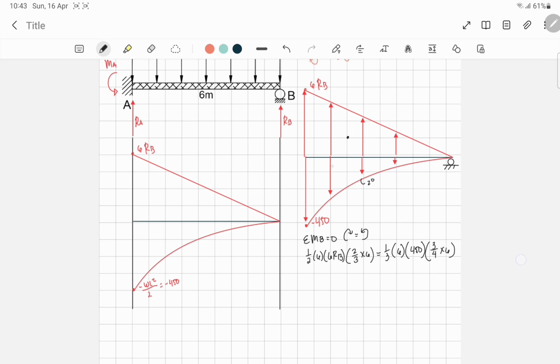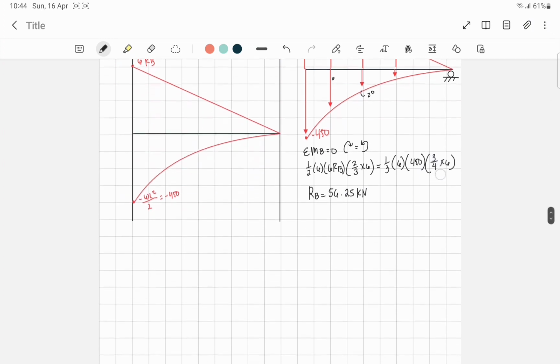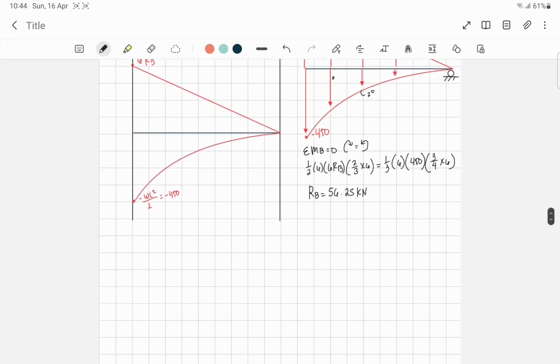So only one variable remains, which we can solve. RB is equal to 56.25 kilonewtons. If we compare it to our previous methods, we got the same answer.